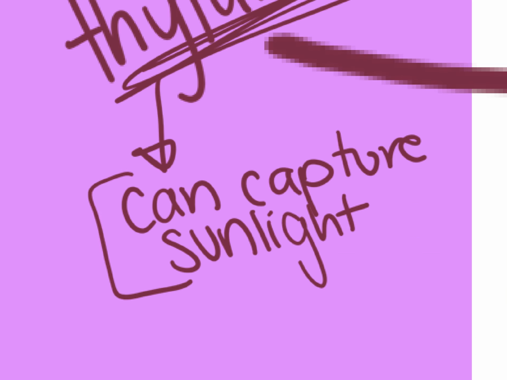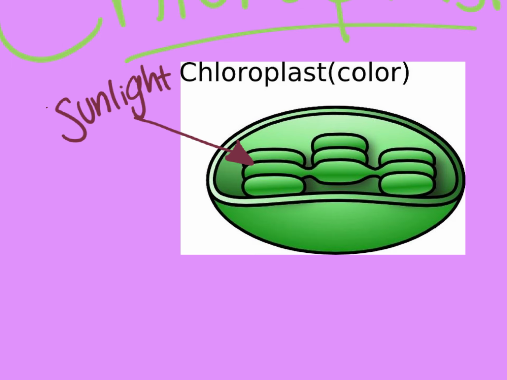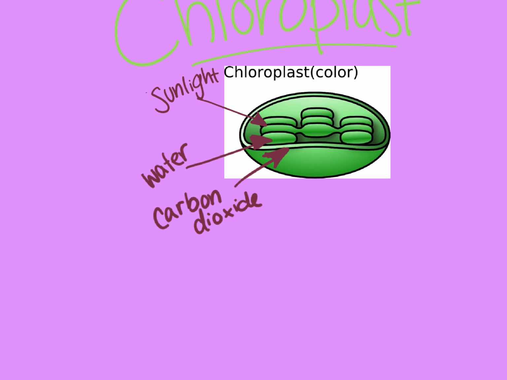And thylakoids are able to capture sunlight. Pueden capturar la luz solar. So we have sunlight entering the chloroplast of plant cells, but we also have two other inputs needed for photosynthesis. Our other two inputs are, of course, water and carbon dioxide.